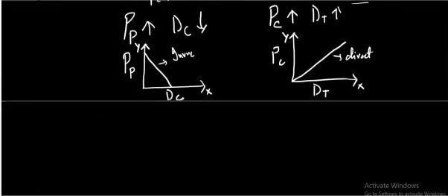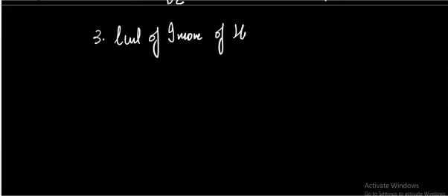Now let me come to the level of income of the household. The demand for a particular commodity also depends on the level of the income of the household.